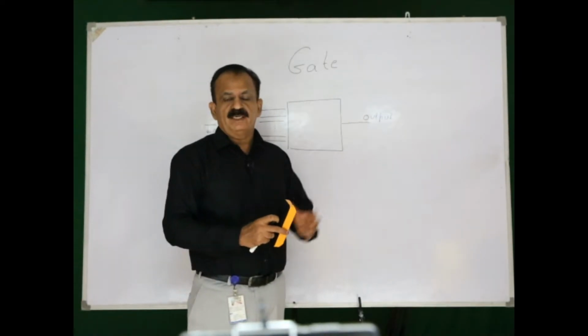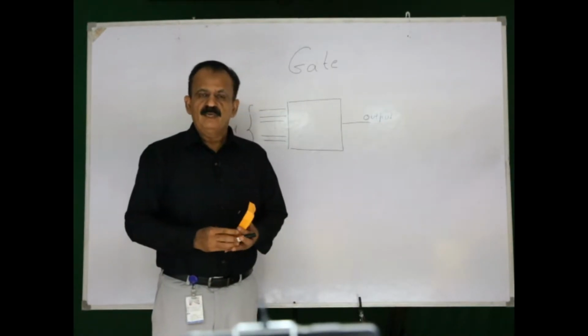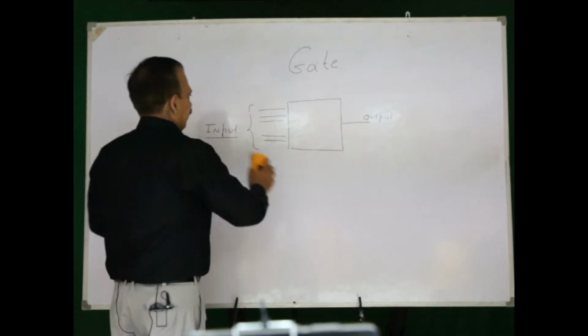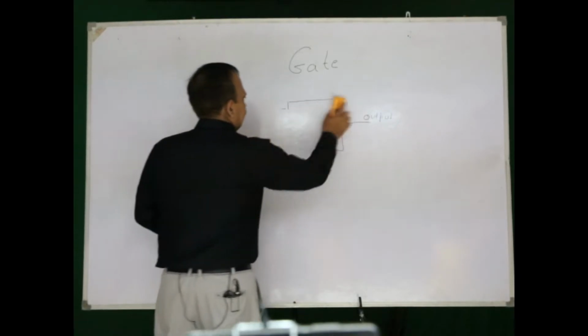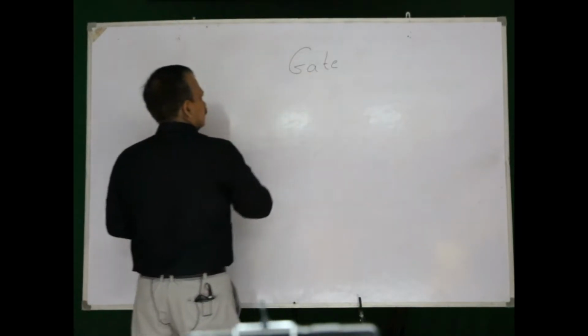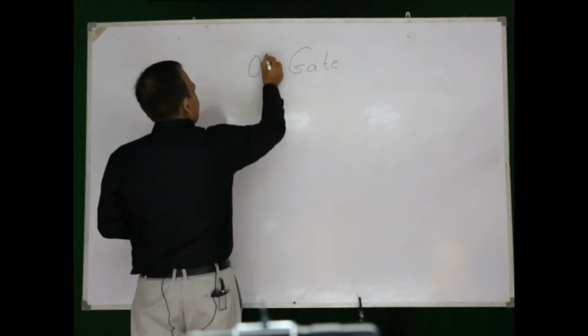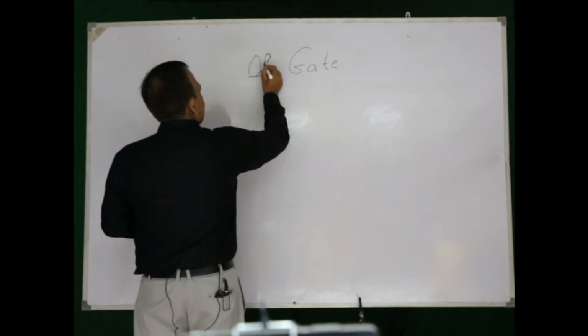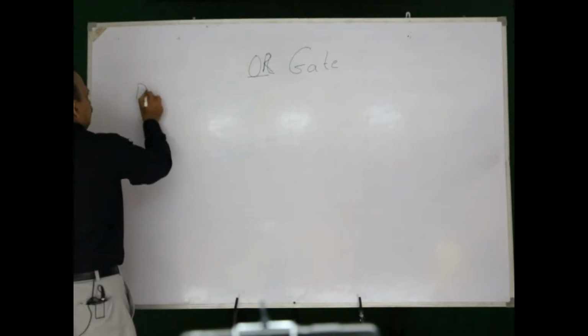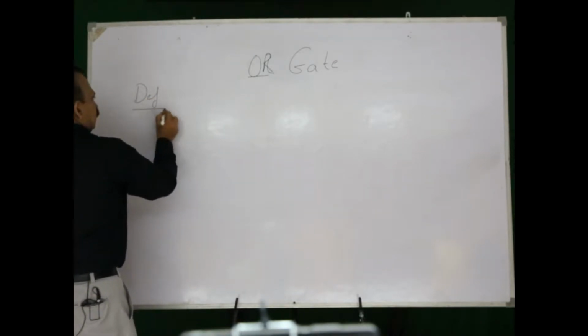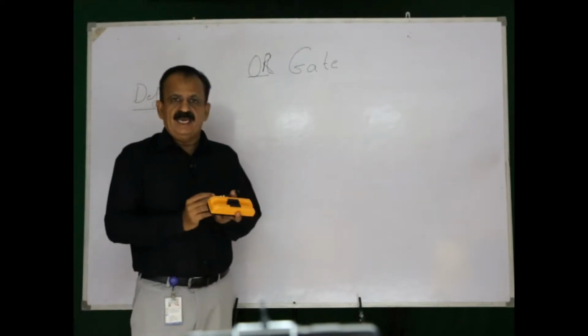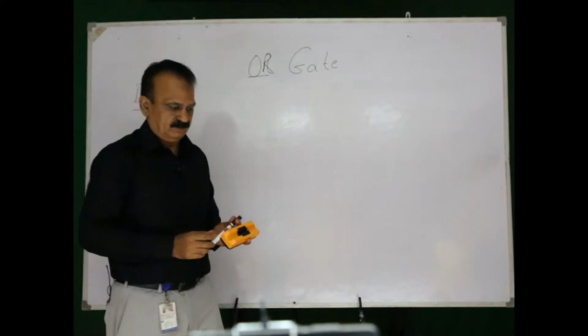and the output will be high for those particular input combinations. We will start with the first gate, and that gate is the OR gate. The definition is: it is a logical circuit with one output and two or more inputs.